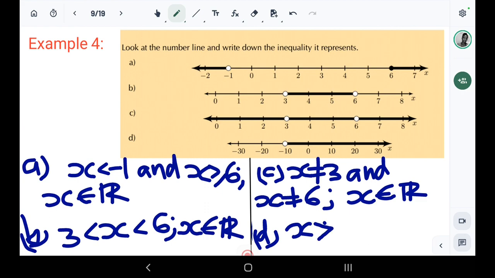And then your x is an element of real numbers. Very important there. And that's how you write the number line notation as an inequality.